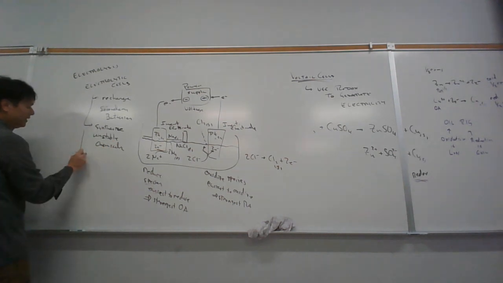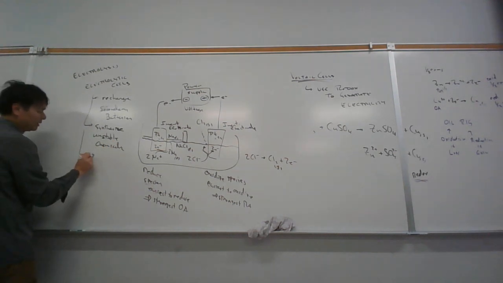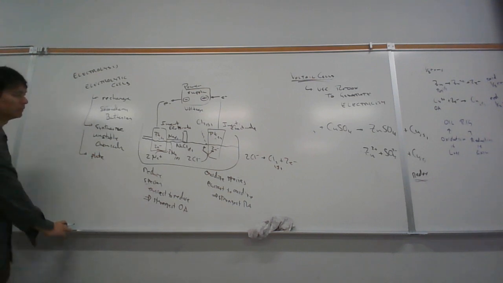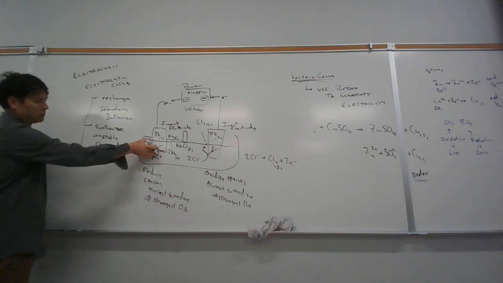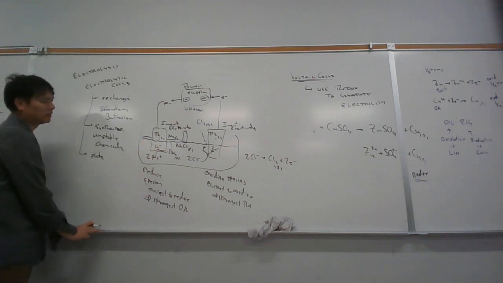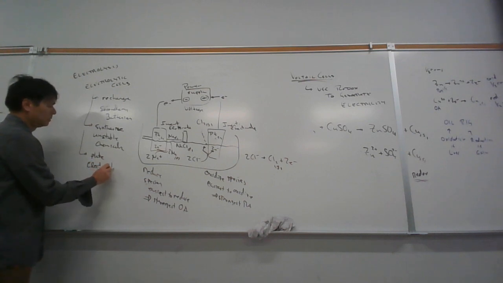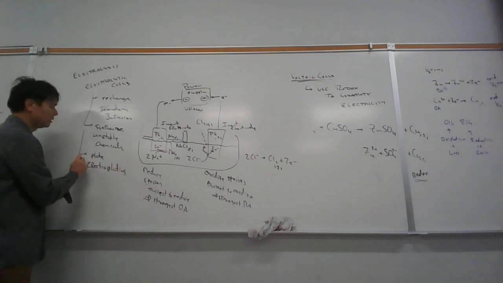Actually, 3. People put their baby shoes in here and plate metals on here. So we do electroplating. The 3 common things that are done with electrolytic cells.